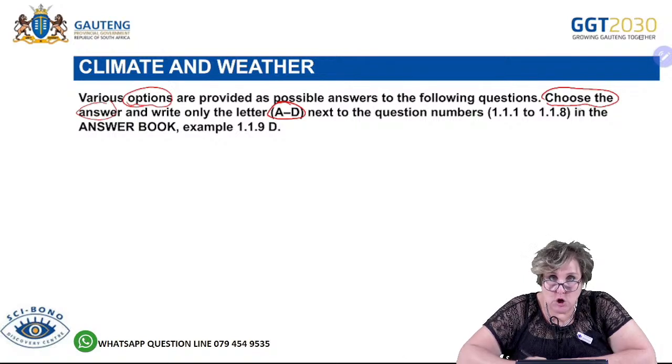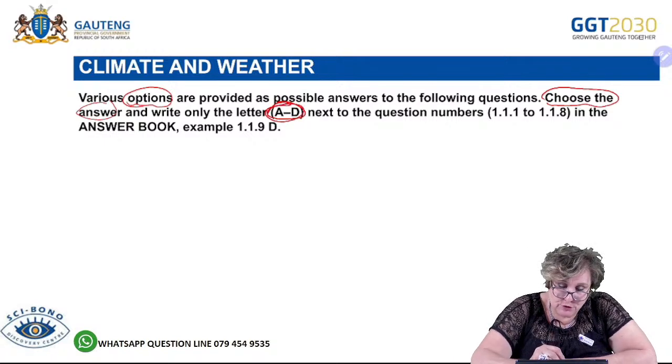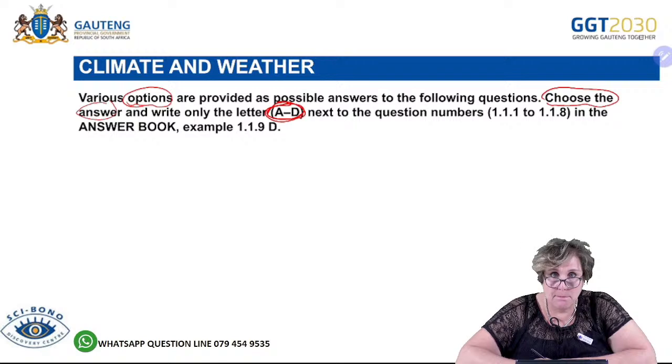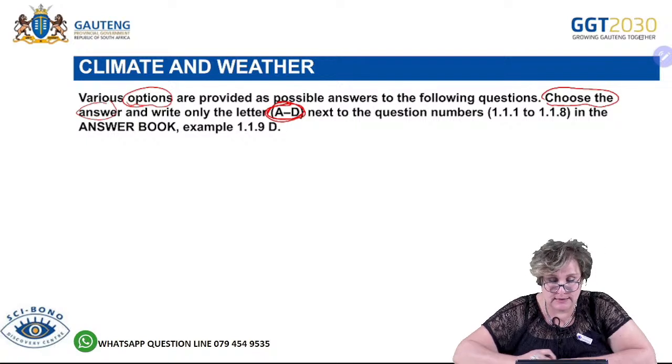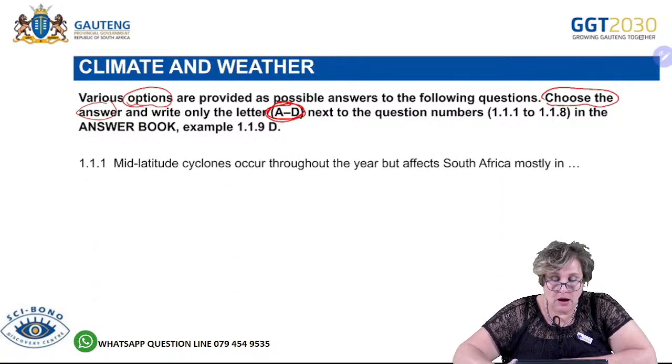But we don't want word answers. You only have to choose between A, B, C, and D, and the question clearly instructs you to only write down A to D. So please, boys and girls, we saw in the past prelim paper that some of you wrote words down. Okay, so I have the following question.